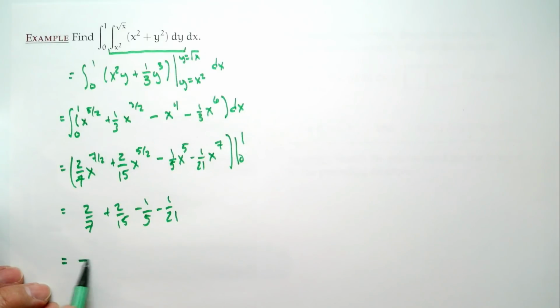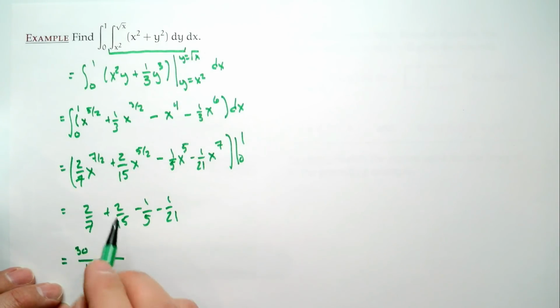Common denominator here is actually not too bad. It's 105. And so what do you get? Well, the first one, you have to multiply by 15, which would give us 30. The next one you have to multiply by 7, give you 14. The next one would be 21. And the last one would be 5.